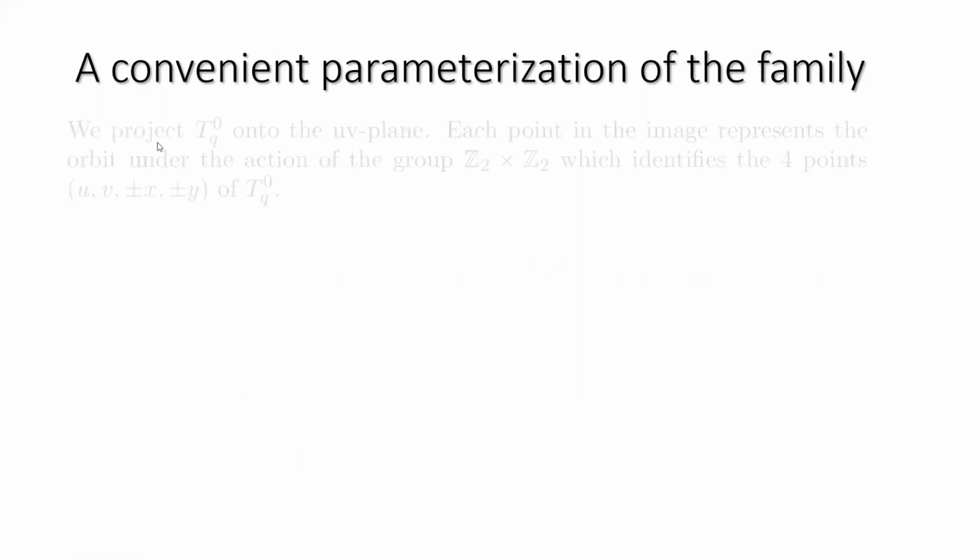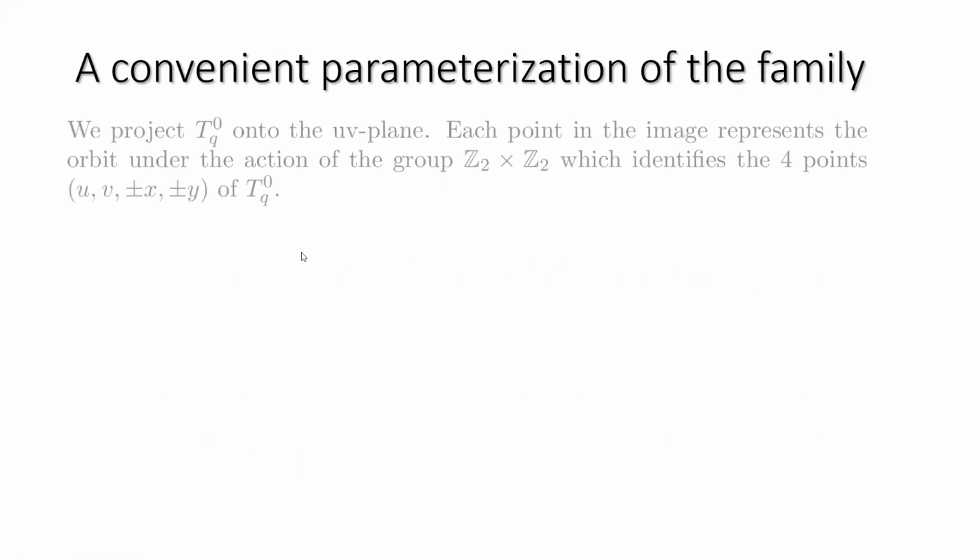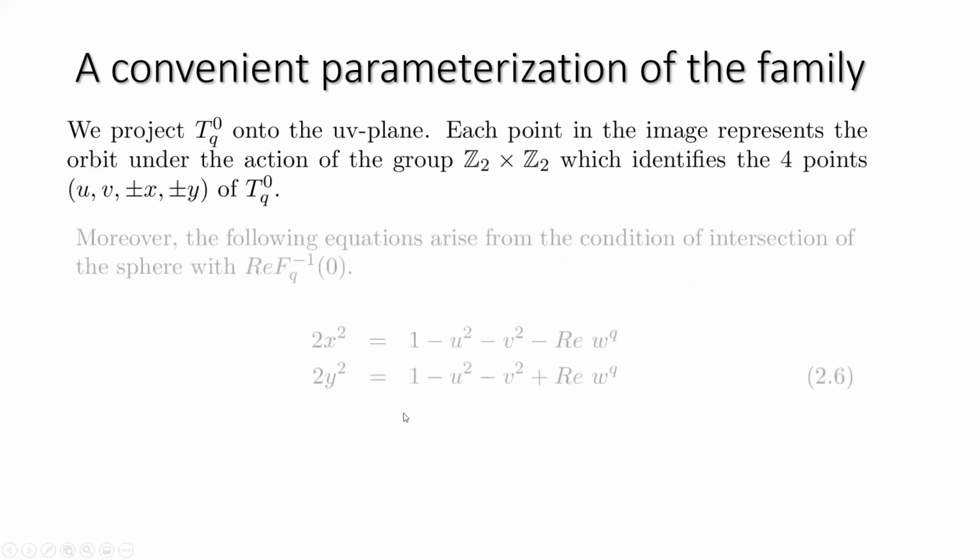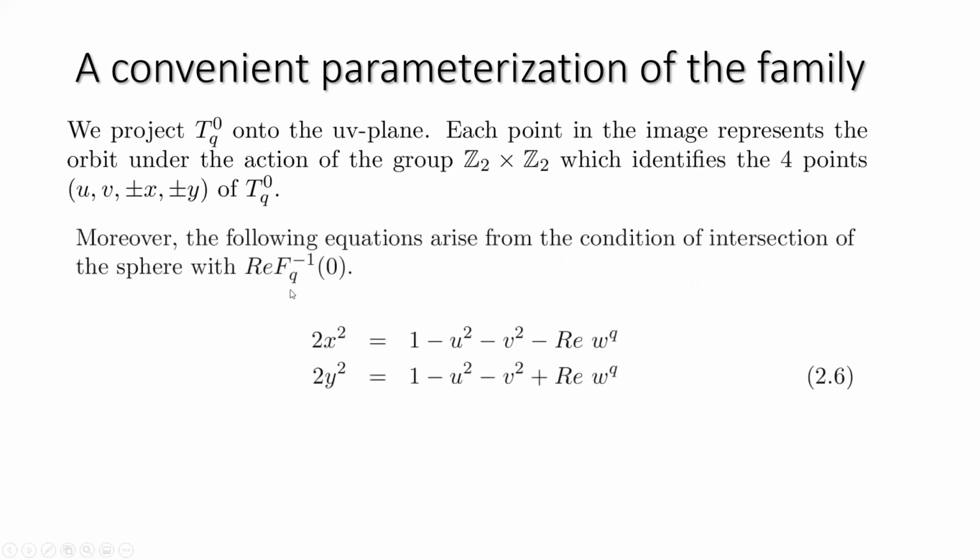We consider the case theta equals 0, the real part, and we have some symmetries given by this group according to these equations. We consider the equation of the real part of f_q equals 0, which means the inverse image.